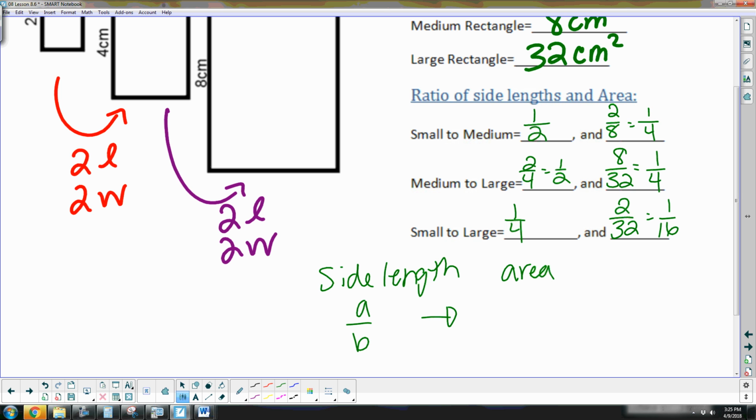So 1 to 2 squared is 1 squared to 2 squared, which is 1 to 4.